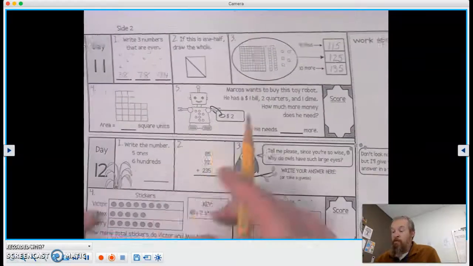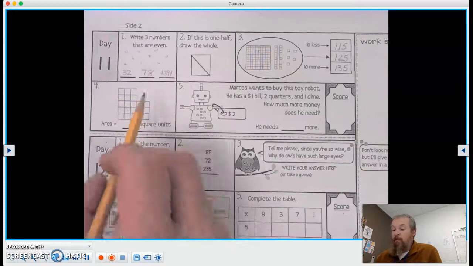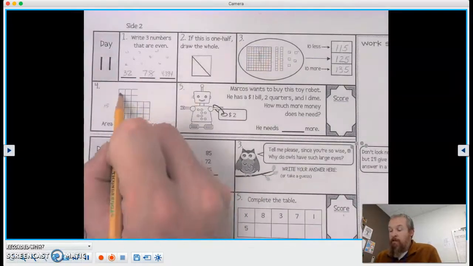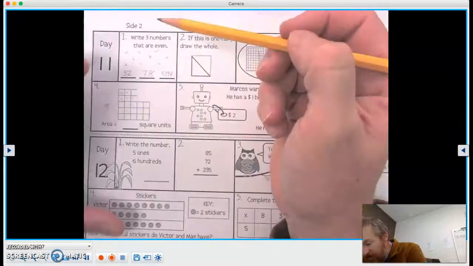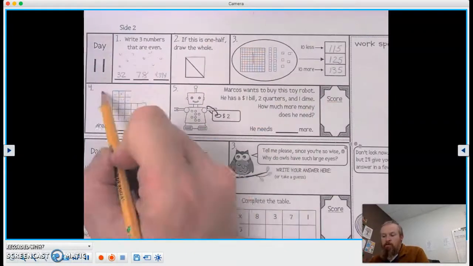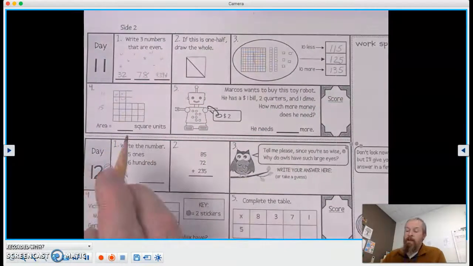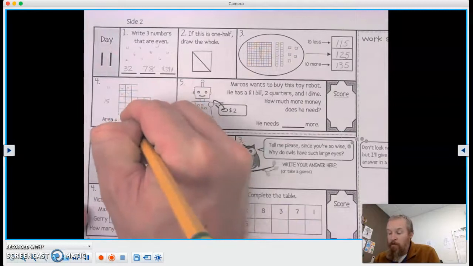There's 5 times 3. 5, 10. There's 15 here. And I see 1, 2, 3, 4. And I don't see anything here. So there's 15 and 4. That makes 19 square units.